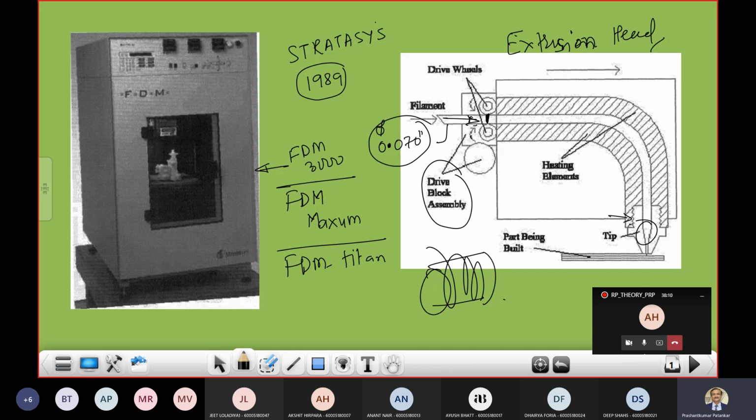Another important thing is that it serves as a melting area for the raw material, the filament.